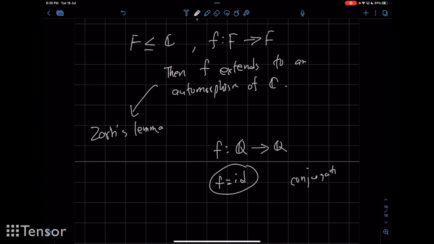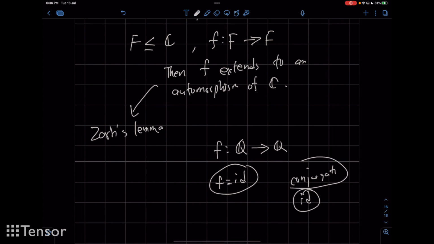What is another example of an automorphism of C? Well, the identity.